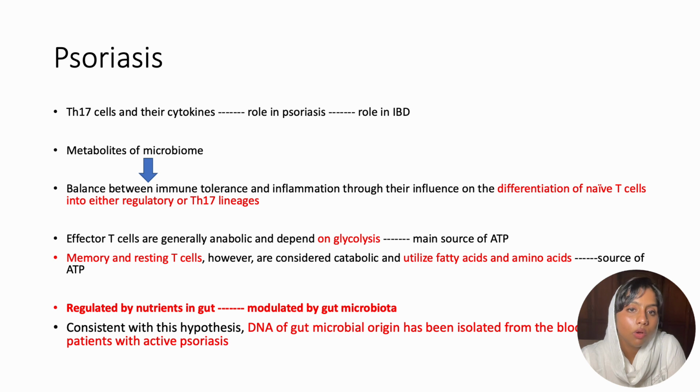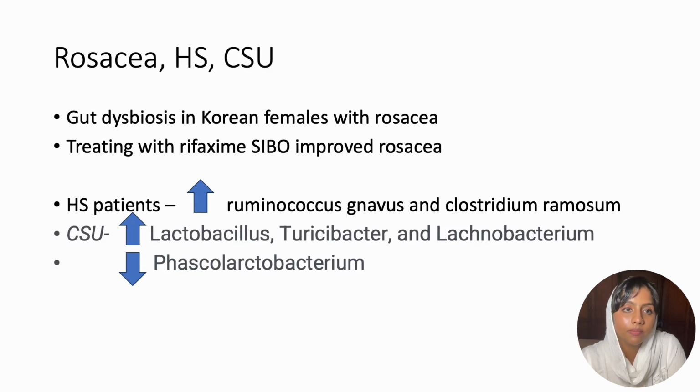Similarly, in psoriasis, as we all know, there are exaggerated Th17 cells and the cytokines involved. This even has a role in IBD, the same cytokines. Certain studies of psoriasis have found microbes in the blood, which shows an influence of the leaky gut. So these are all the factors which show that dysbiosis can be a cause for these inflammatory diseases.